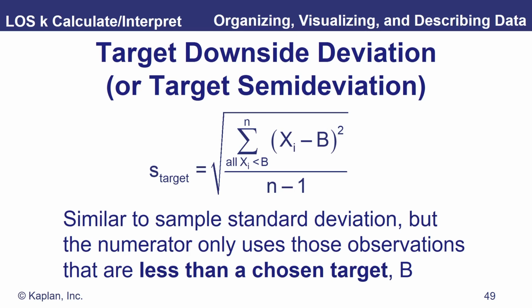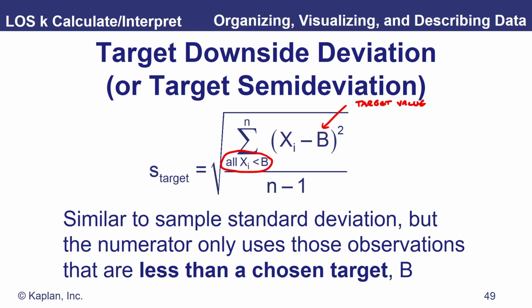What we're going to do is really look at downside risk, the risk of not achieving some target value. And that target value is B here. So that B is equal to our target value. Now it could be the mean or it could be some other value. Notice we're not looking at all observations in our numerator.